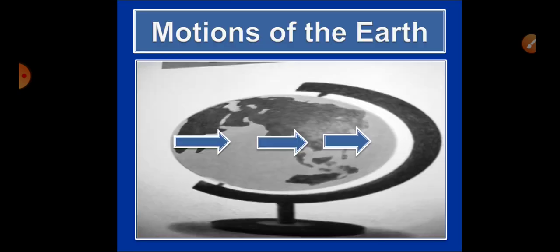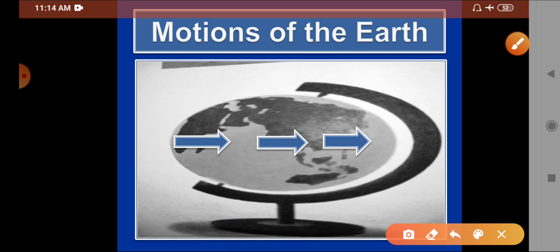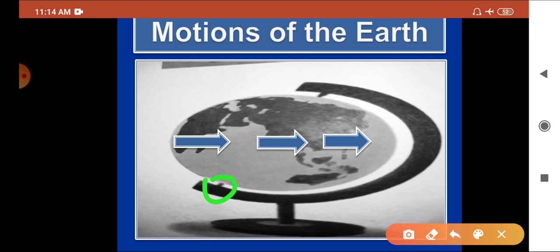In the previous slide, if we consider that this point is an axis of the earth, so the movement of the earth or the motion of the earth on its axis, as you know that earth rotates on its axis, that movement of the earth on its axis, in this way it is rotating.